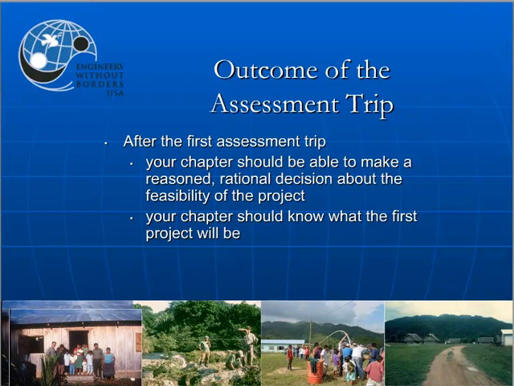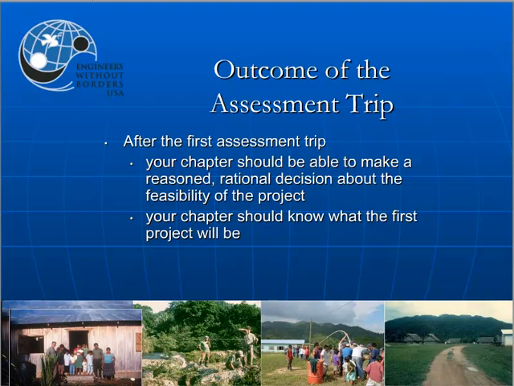You go there, you start talking to the community, and indeed they verified that their primary priority is water supply. So you've confirmed that with the community. Now you know what the first project in that program will be.